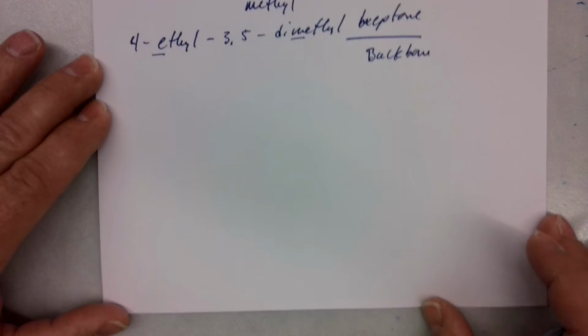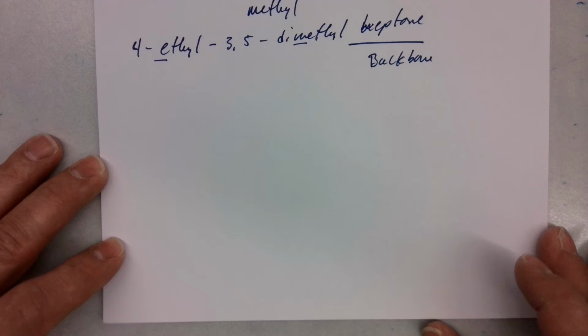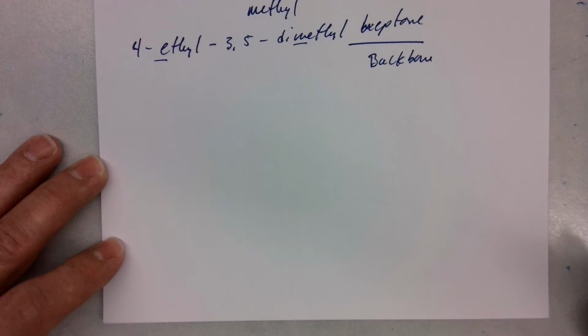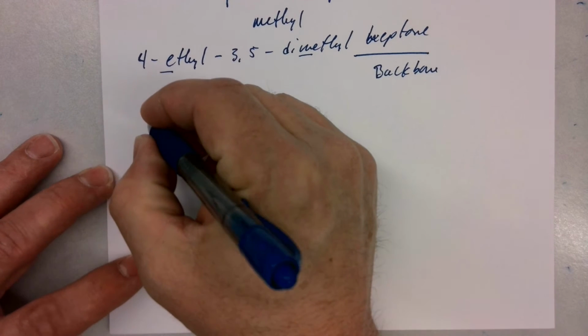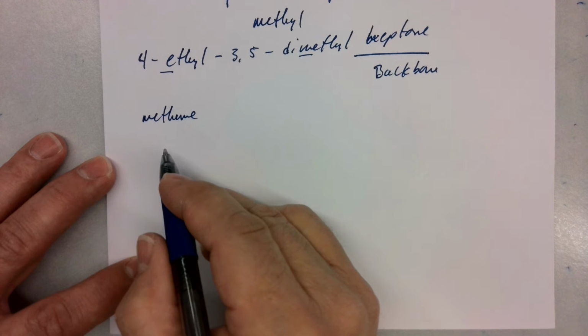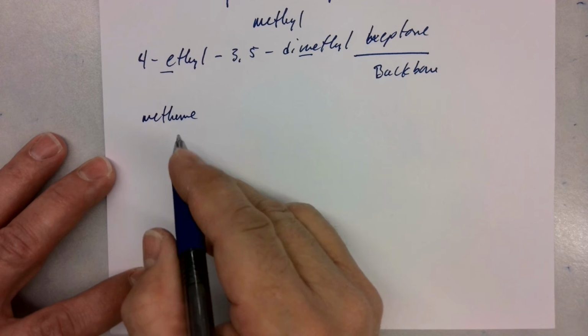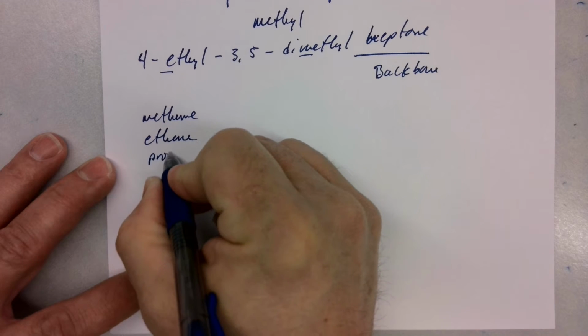Now, what you do need to know is the first 10 anes. Okay? So you have methane. When it's a branch, that becomes methyl. You got ethane. You got propane.